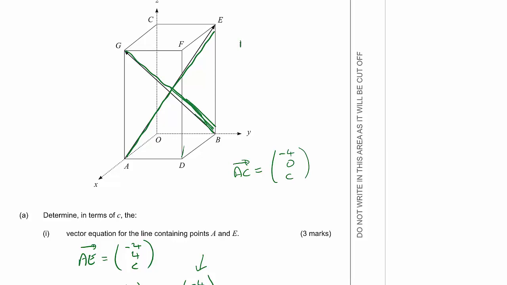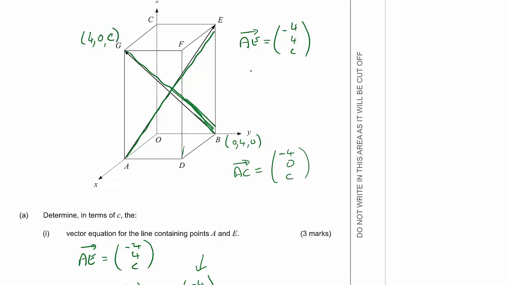AE, we've already done earlier as (-4, 4, c). Now B, we know, was the point (0, 4, 0), and G, so same x coordinate as A, 0 y coordinate, and c here.